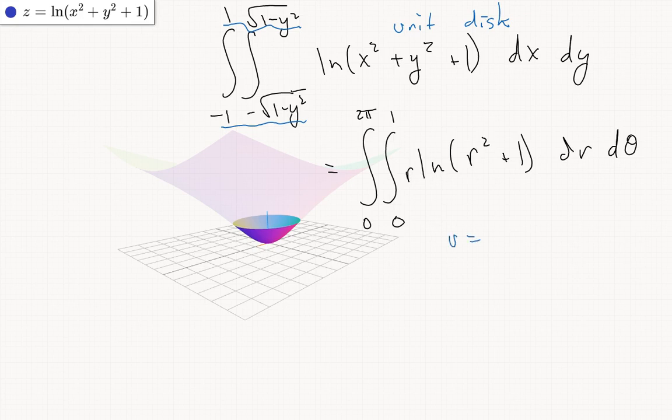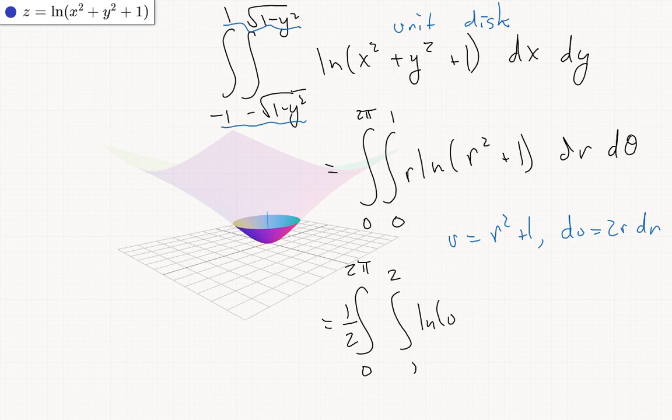Now again, we'll substitute u is r squared plus 1. So du is 2r dr. This becomes integral 0 to 2 pi, integral from 1 to 2 of 1/2 ln u du and then d theta.